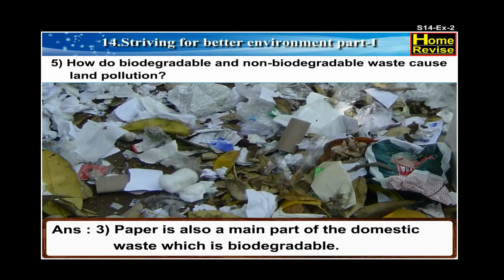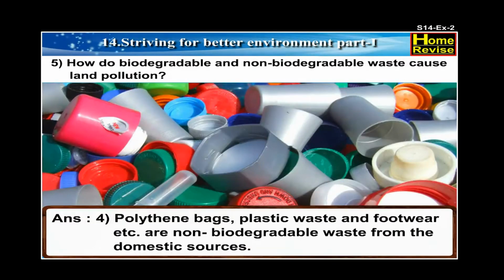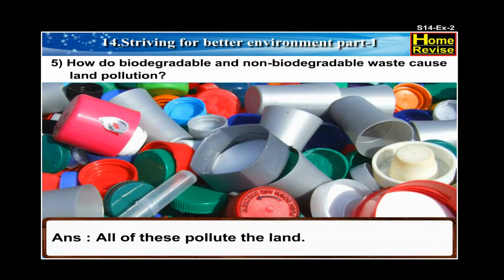Paper is also a main part of the domestic waste which is biodegradable. 4. Polythene bags, plastic waste, and footwear, etc. are non-biodegradable waste from the domestic sources. All of these pollute the land.